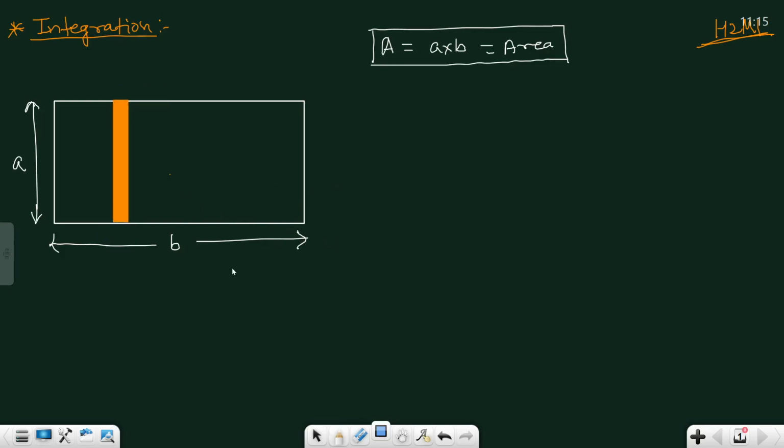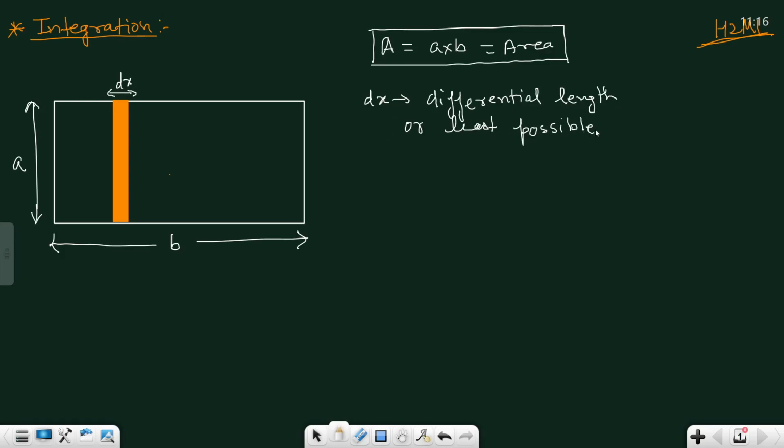This strip has the width of dx. dx is the differential length, or least possible length. मतलब कि suppose this is x, then dx is the smallest possible length in x direction.